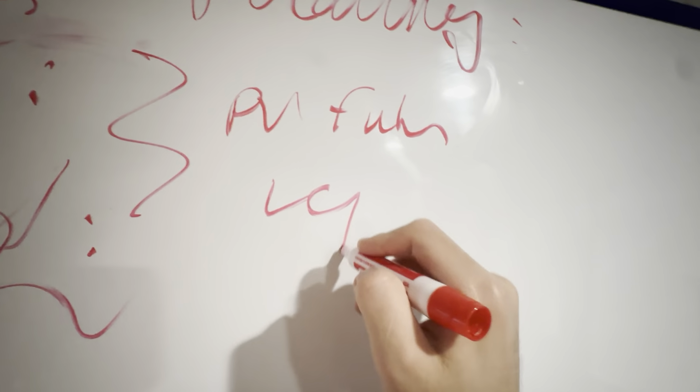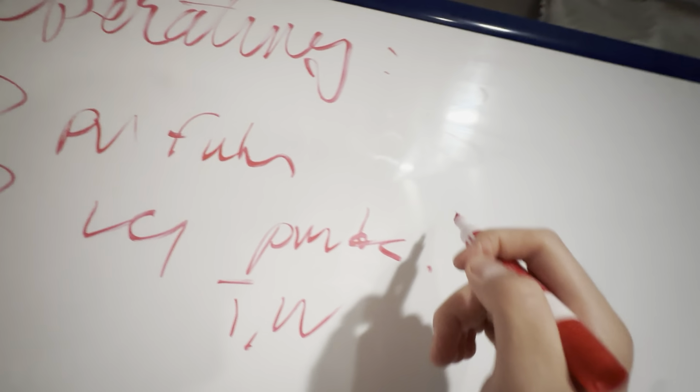So the value of these things is going to be the present value of the future lease payments. That's a simple time value of money question. That's easy peasy.